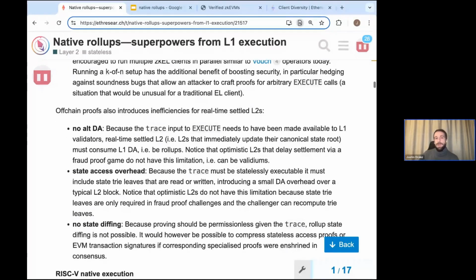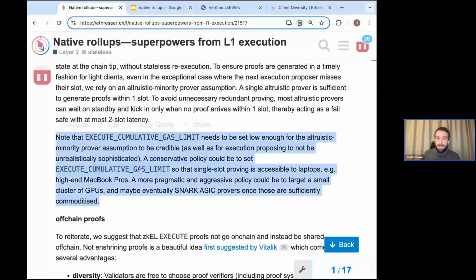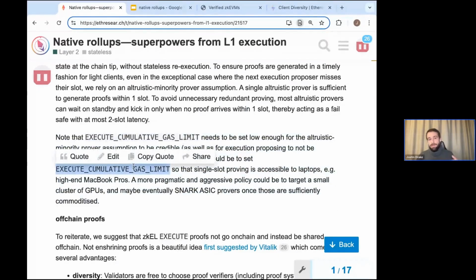Now, one question that you might be asking is about this gas limit. Isn't this gas limit really a limitation, because it means that all the rollups need to be limited by this one master gas limit? Well, one piece of good news here is that the optimistic rollups won't be consuming this gas limit.